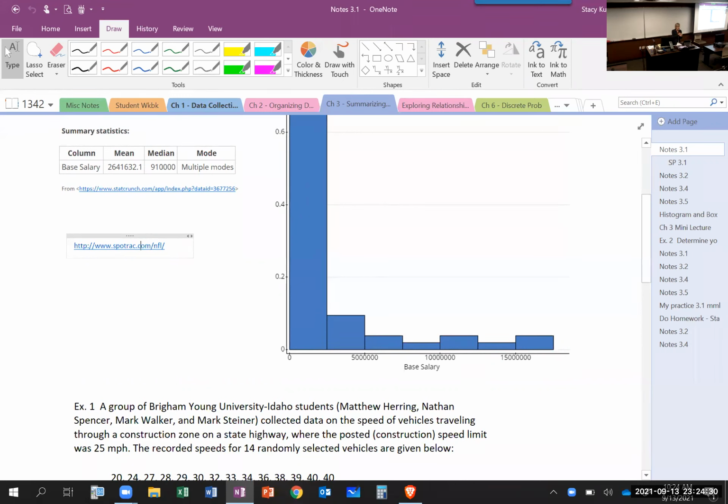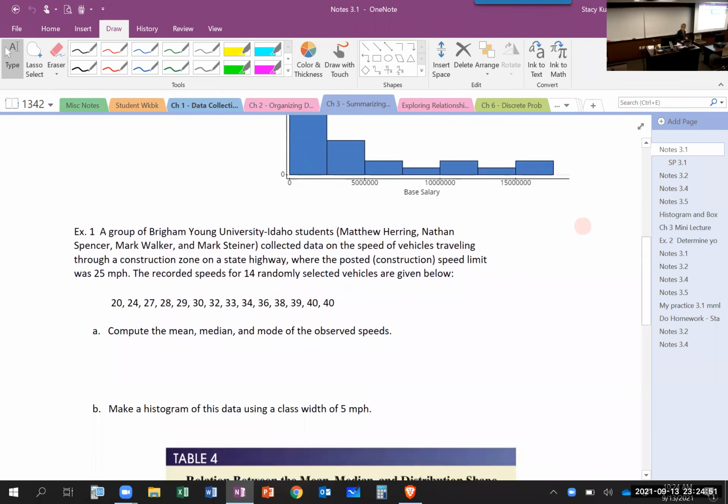The median is what we call resistant to those outliers, okay? The median is resistant, the mean is not. And that's going to be a theme that we're going to see as we move forward. Okay, let's practice.